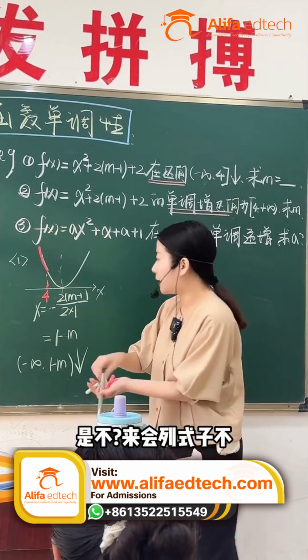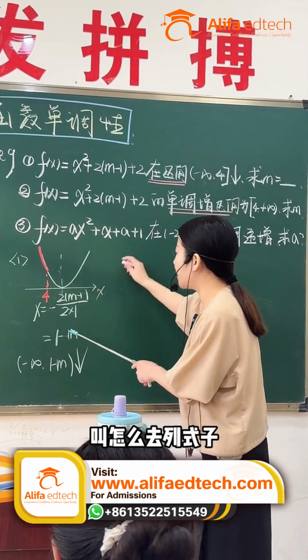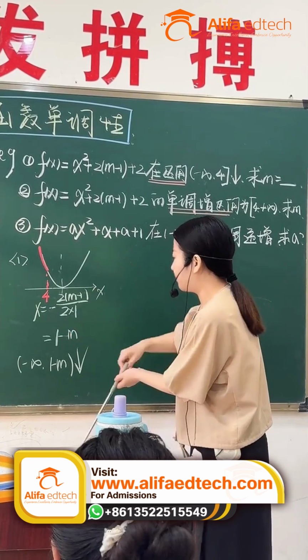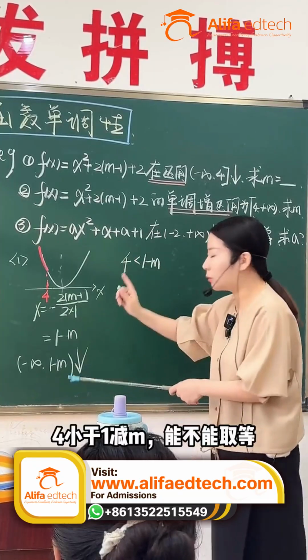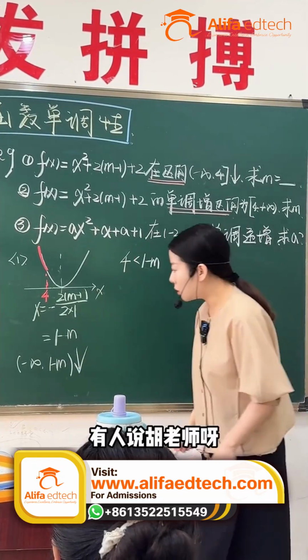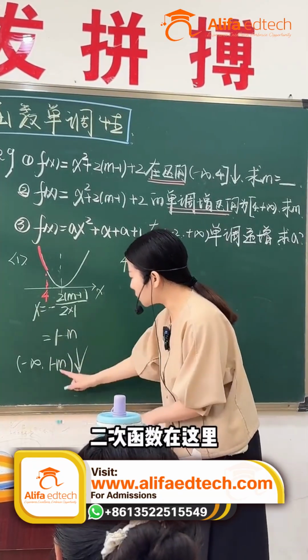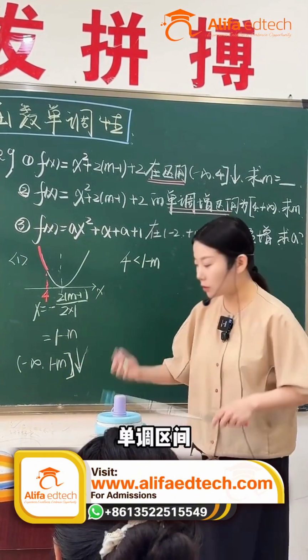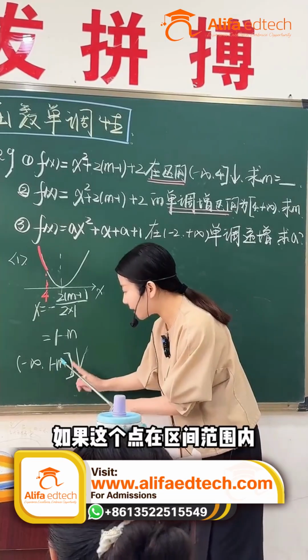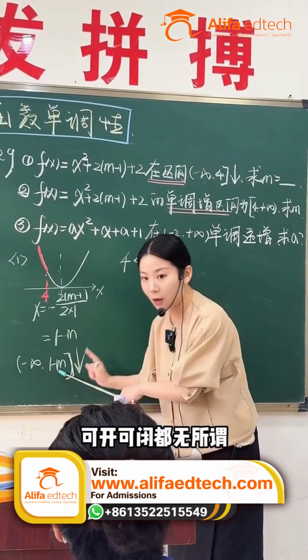To put it simply, your 4 just needs to be to the left of my axis of symmetry, right? Come on, can you write the expression? How do we write the expression? 4 is less than 1 minus m. Can it be equal? Some might say, teacher, for a quadratic function, can we write a closed interval here? Of course you can. For a monotonic interval, if this point is within the interval's range, it can be open or closed, it doesn't matter.